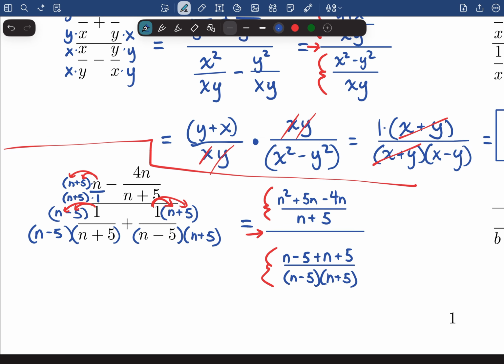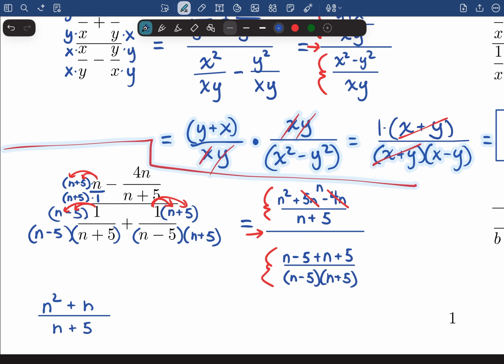So I've got the n squared plus 5n minus 4n, and you might notice I can clean it up as I go. Positive 5n minus 4n, that's just a 1n, right? So this all is just n. And so I get an n squared plus n, and that's divided by n plus 5.